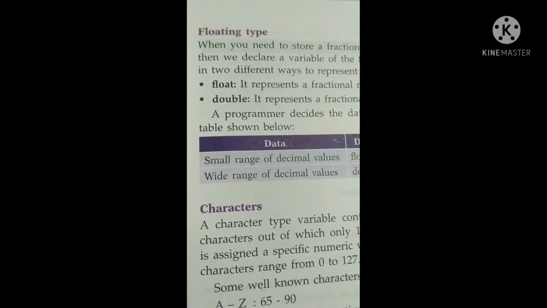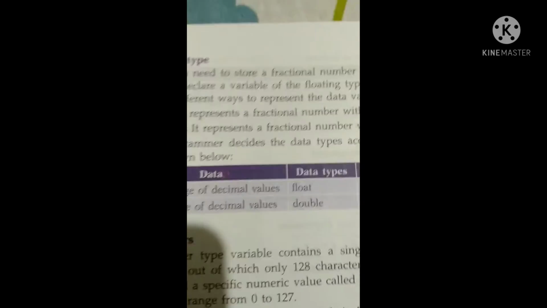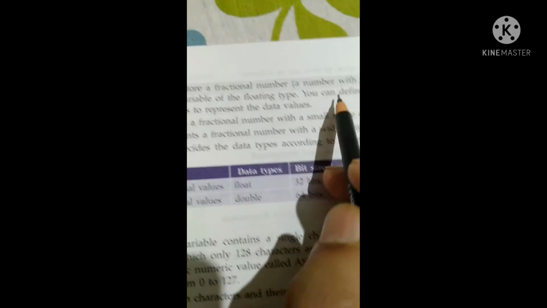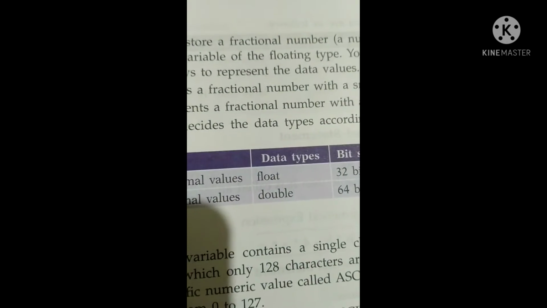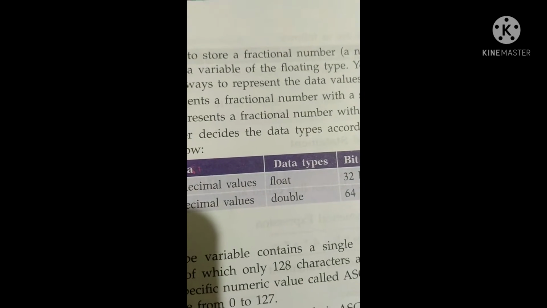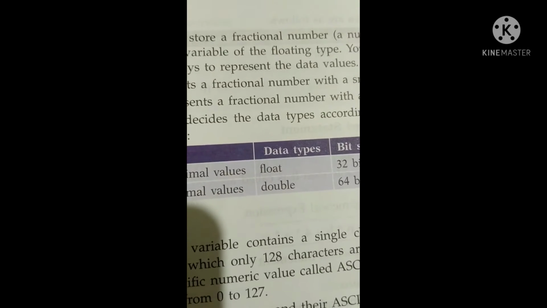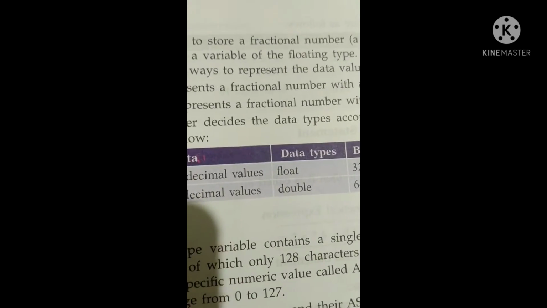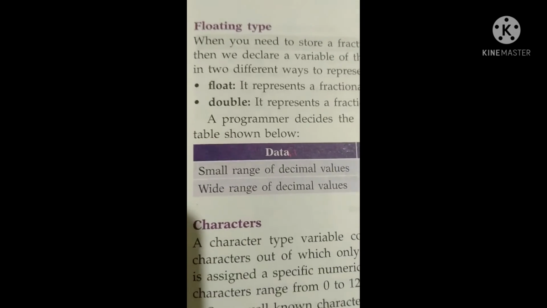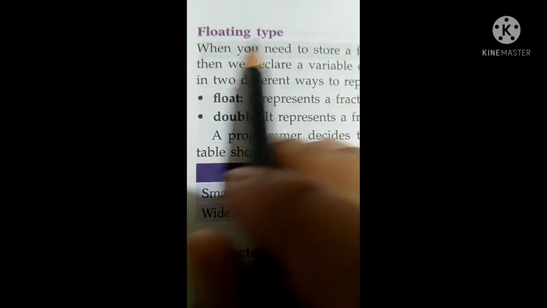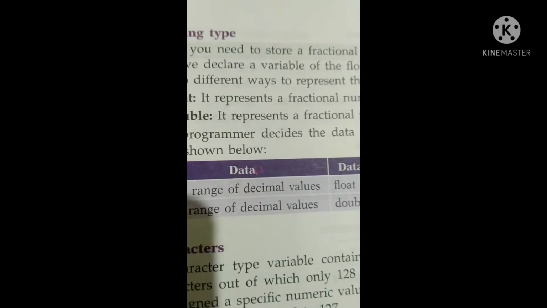Floating type data types. So students, when you need to store a fractional number, for example if you are going to a mall or the market and you have to give an account to your parent of what you have spent in the market, and you are creating a program for that, in that case you have to take the floating type data types.